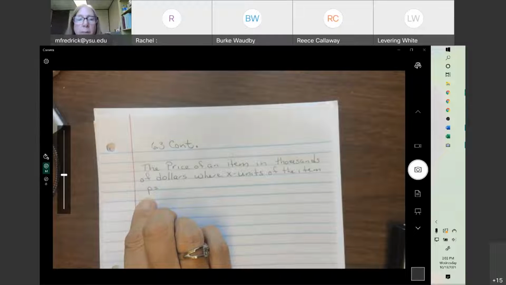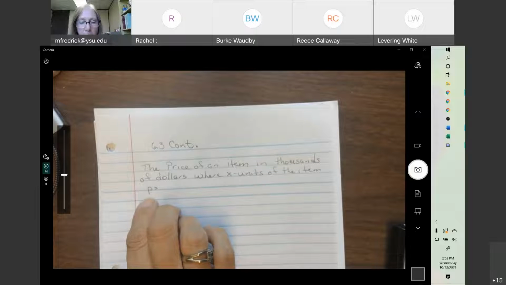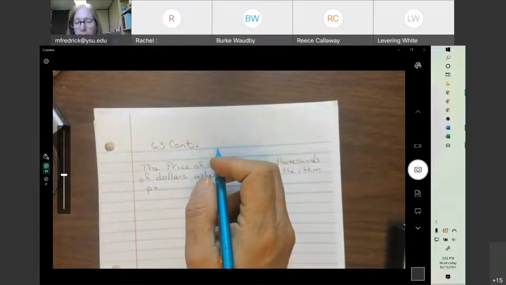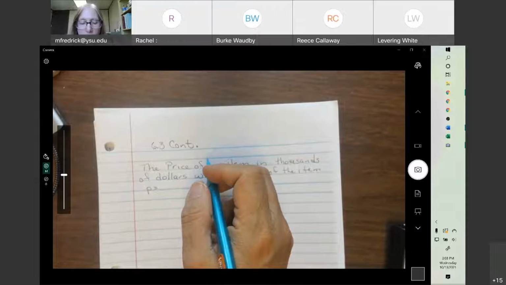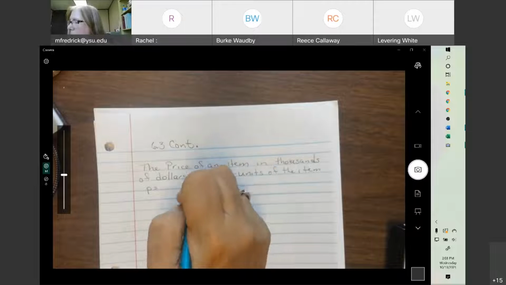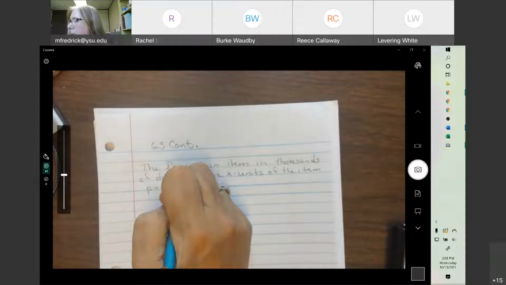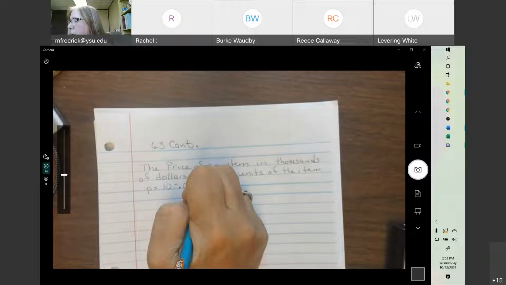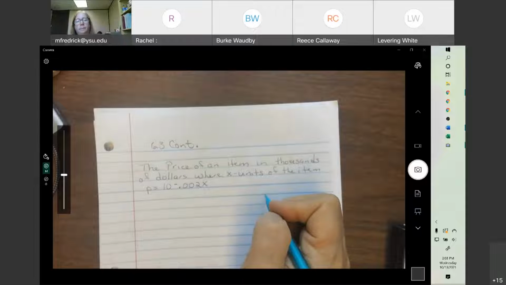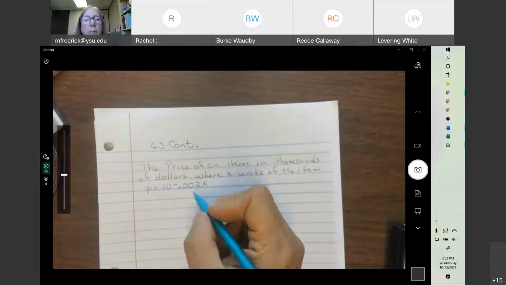When you see a lowercase p, it's price, and profit is a capital P. So P equals 10 minus 0.002x. So this is our price.